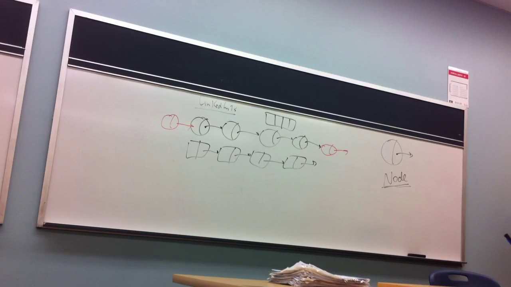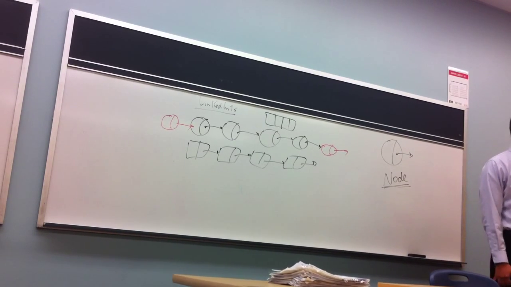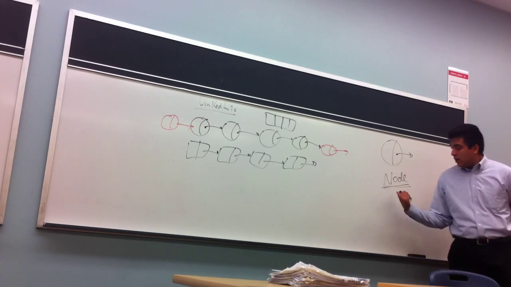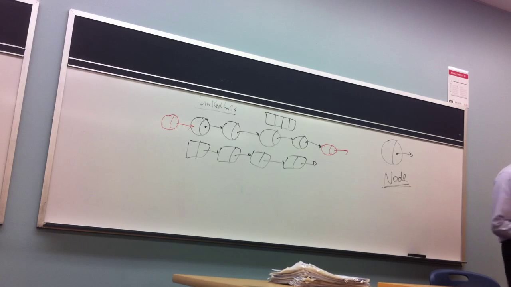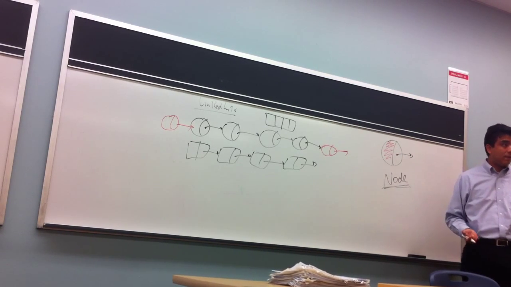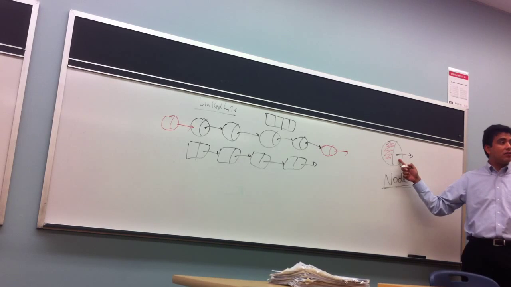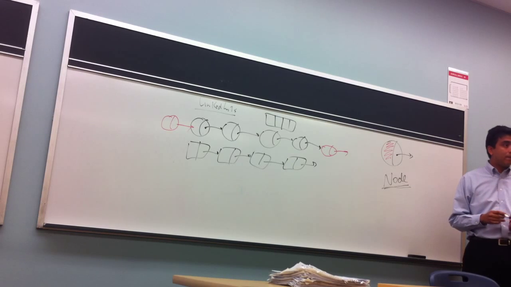So each element in my linked list is going to be called a node. Now, a node is going to have two parts. One portion where you're going to store the data, the information, correct? And another portion that is going to store some way of connecting to the next, okay?